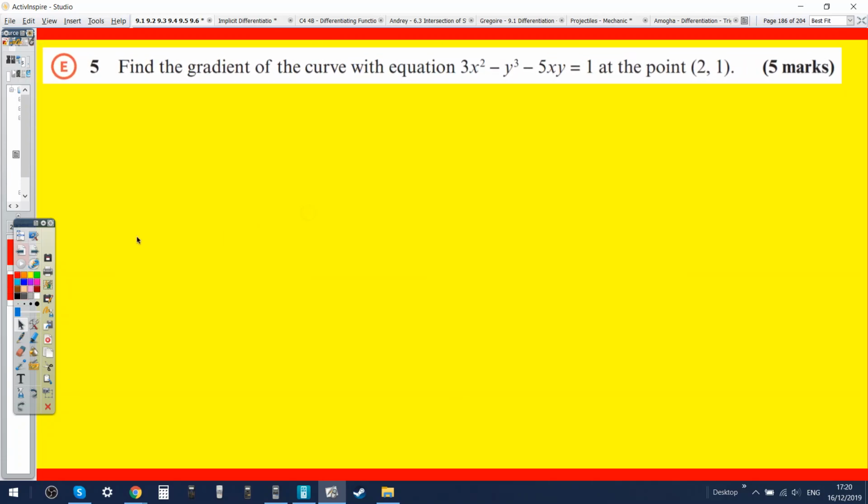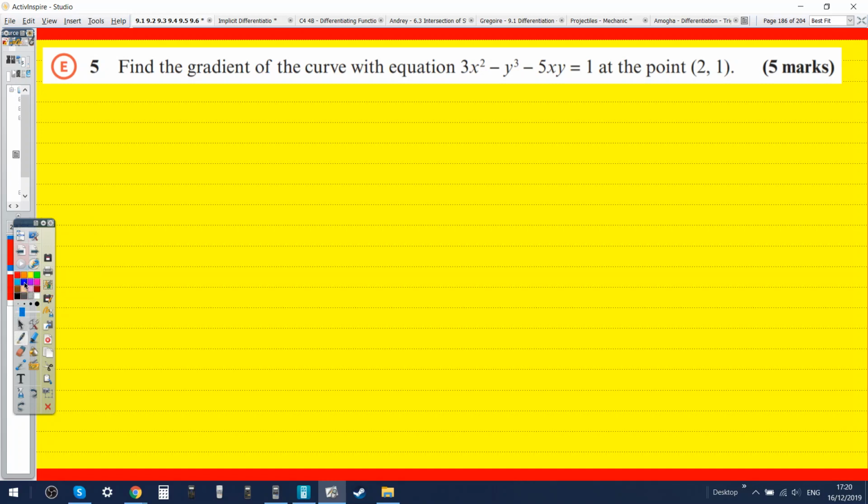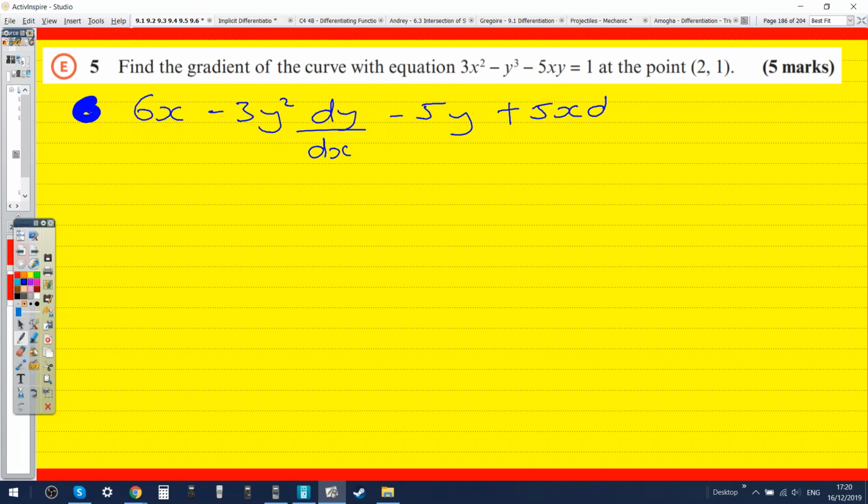So wait, no, not dy by dx. 6x minus 3y squared dy by dx minus 5y plus 5x dy by dx is equal to 0.